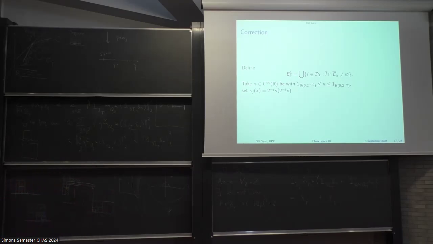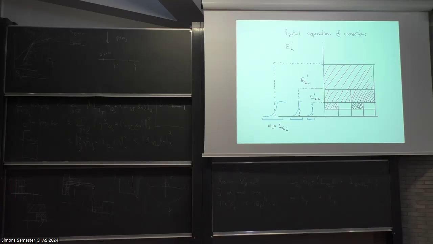So that's the reason for introducing the E_k^1. Okay, and then we have to really do something for them. So we will add something in these regions, and these additions are now, because of this trick of dilating, spatially disjoint from each other.